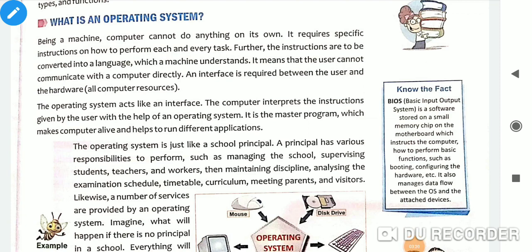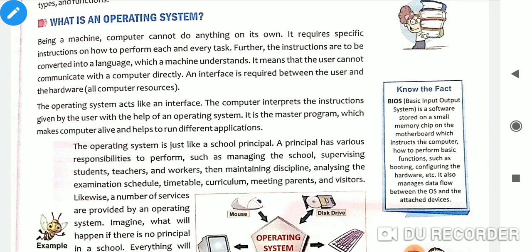As you know children, a computer is a machine and it cannot understand any human languages. It can understand only the instructions that are given in the form of 0 and 1, that is in the form of binary or machine language.